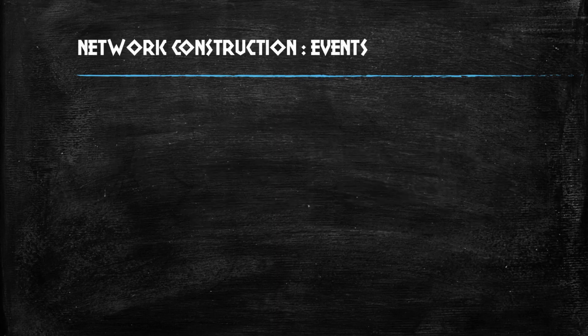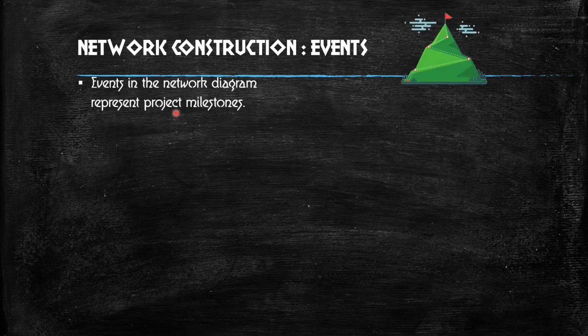Network construction: events. What is an event? An event in the network diagram represents a project milestone. The role of an event is just like a milestone in our journey. When we are going to a particular place, we see different milestones at different levels.